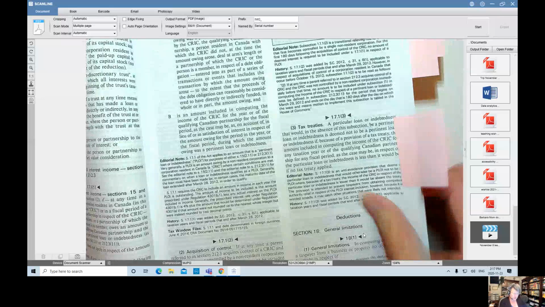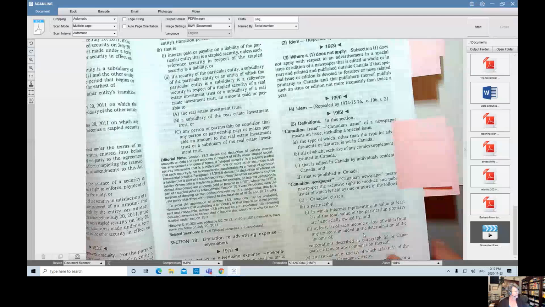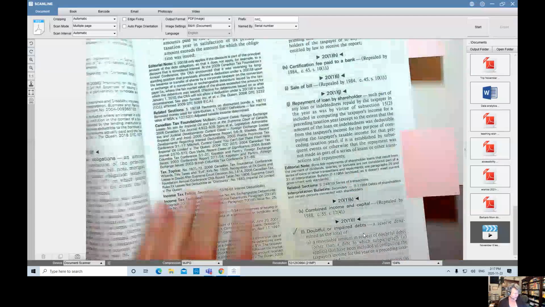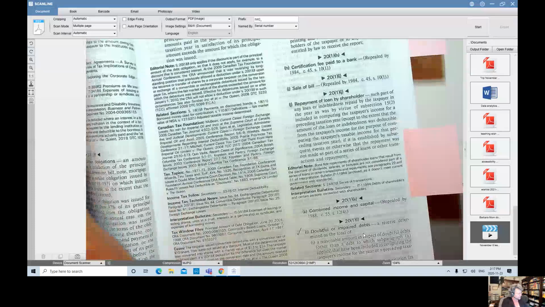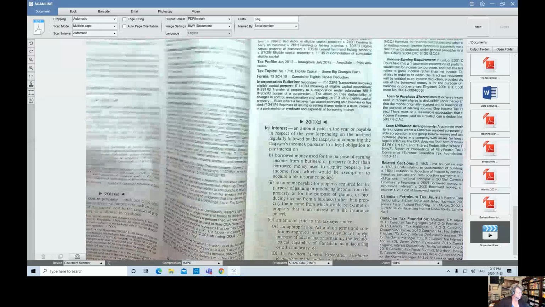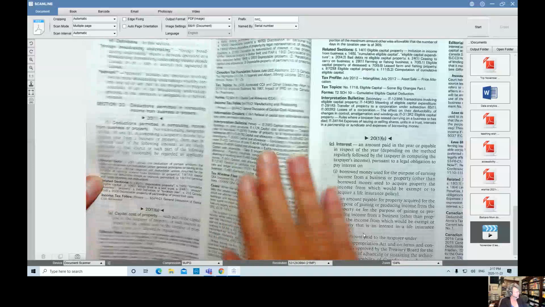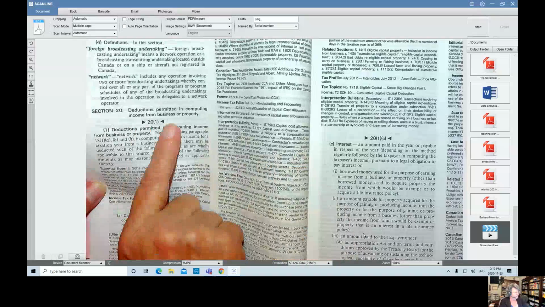Then we'll look at section 19, I want to talk to you about that, but you'll go to section 20. And these are deductions permitted.